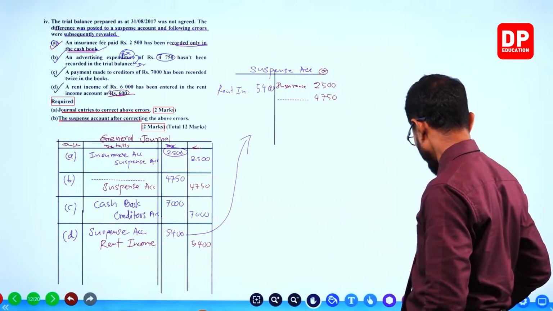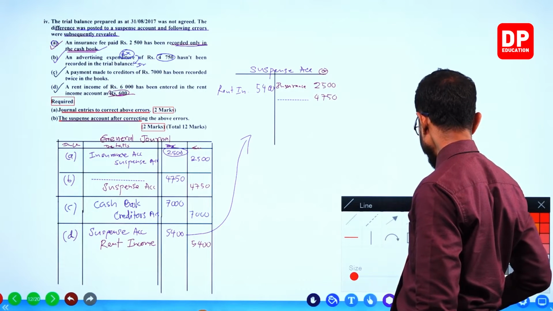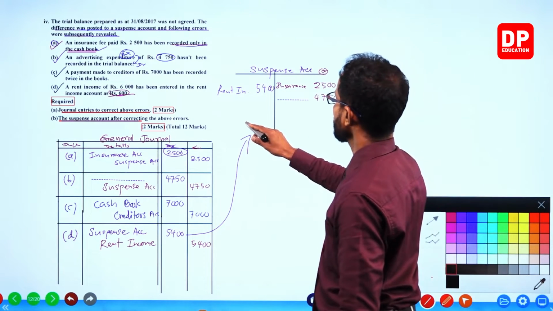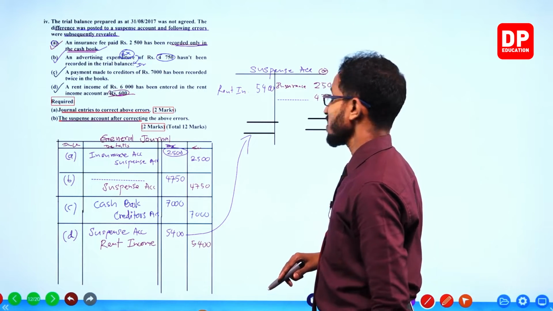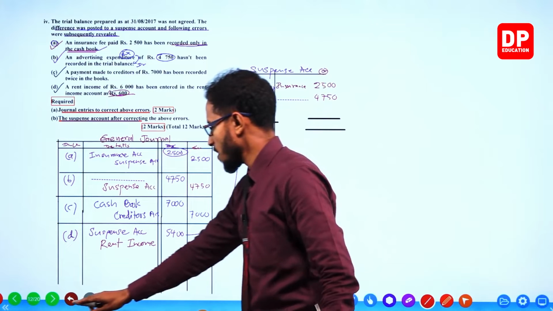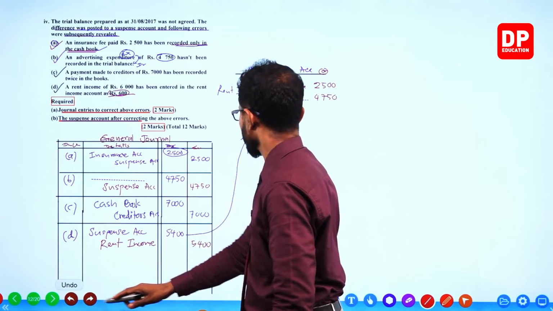Let's balance off the suspense account and we get the balance of the suspense, the difference of the trial balance.